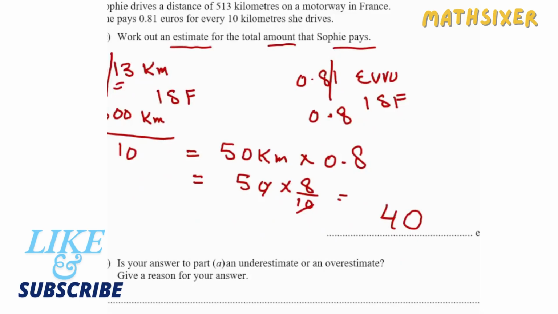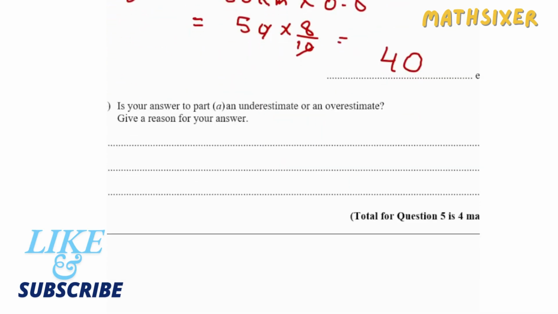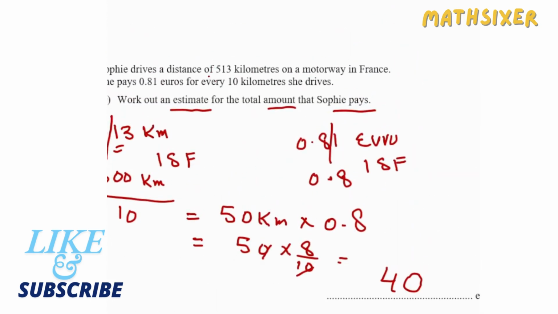So the next part asks whether your answer to part A is an underestimate or an overestimate. Let's look at our original numbers. The original numbers were 513, and we rounded it down to 500.